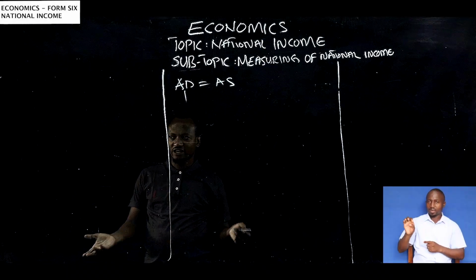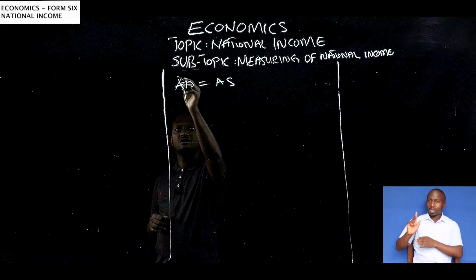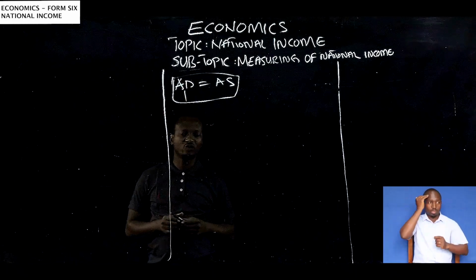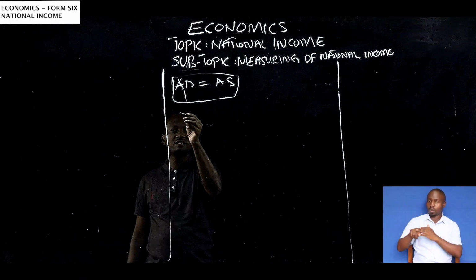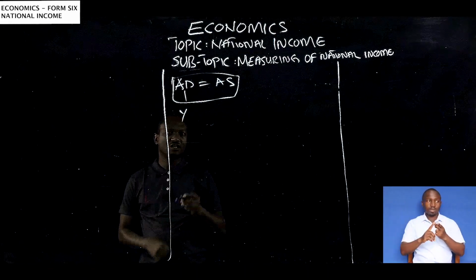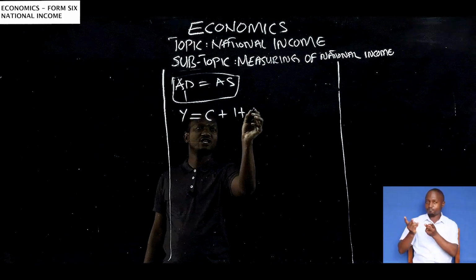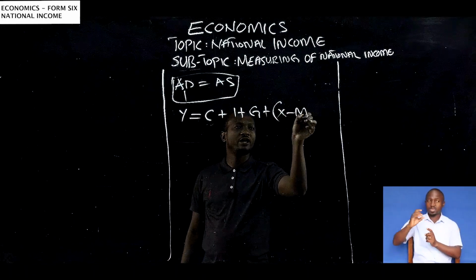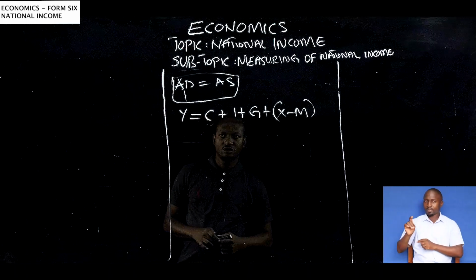National income is being calculated at equilibrium. So aggregate demand, which represents the level of income, equals C plus I plus G plus X minus M, according to our data.